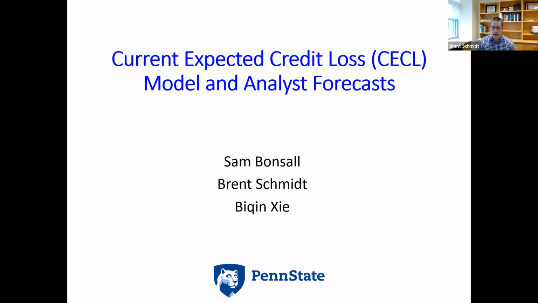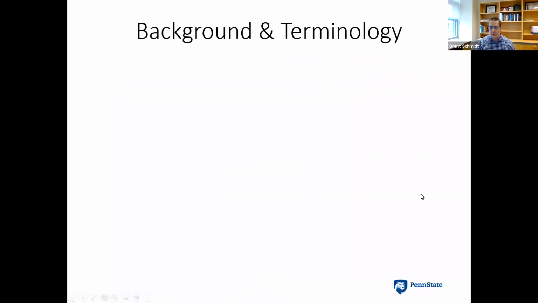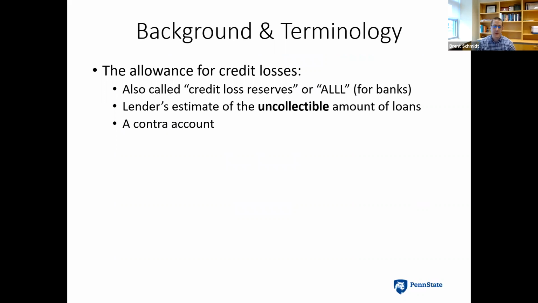In terms of the background, just some basic terminology. When we're talking about banks, the allowance for credit losses, also known as the credit loss reserves, or the allowance for loan and lease loss, or ALLL, represents the lender's estimate of uncollectible amounts on loans, and this is a contra asset account.